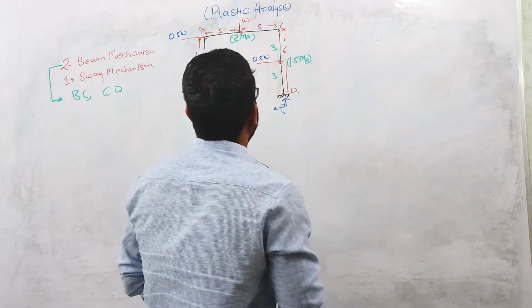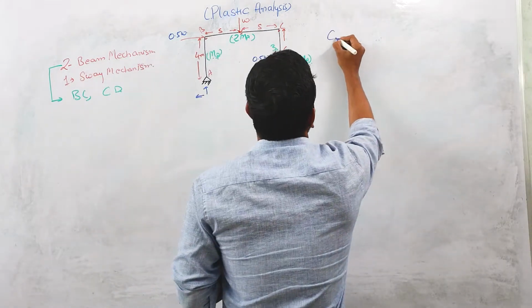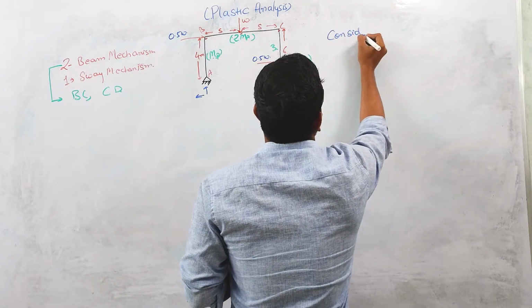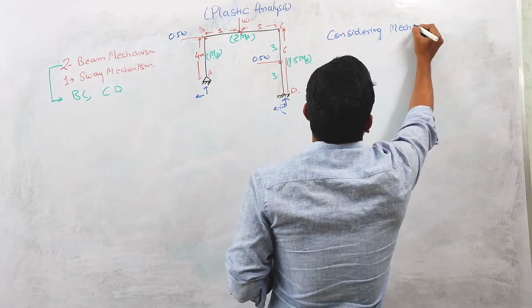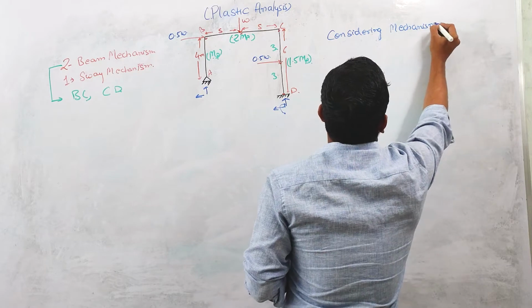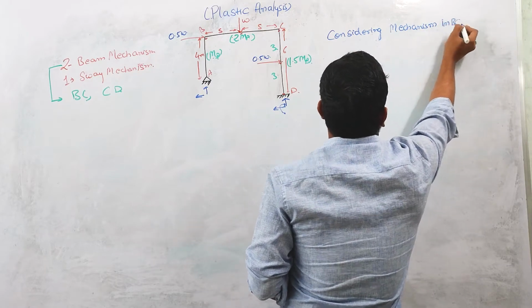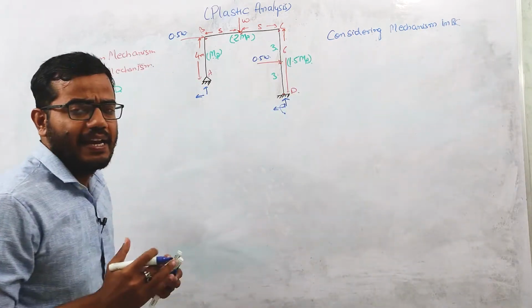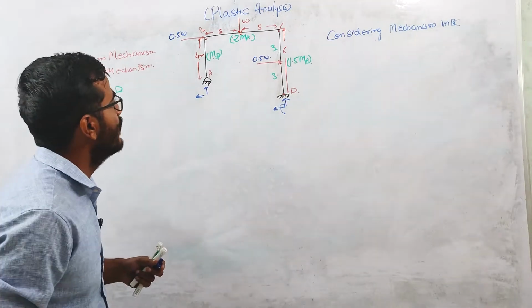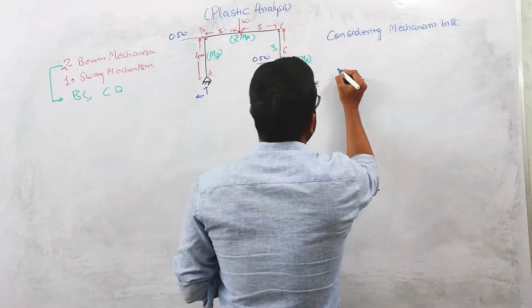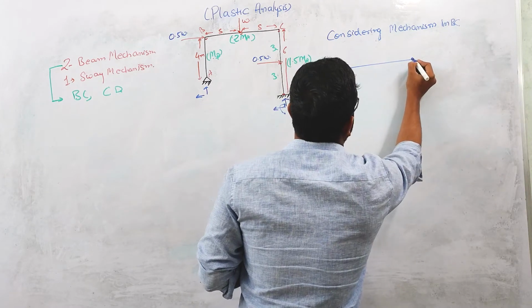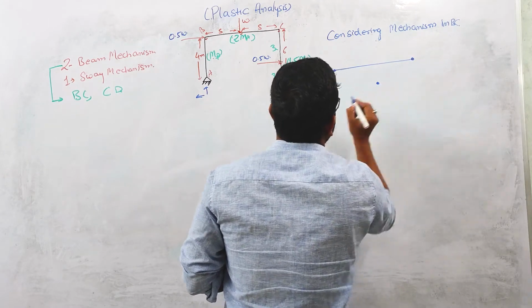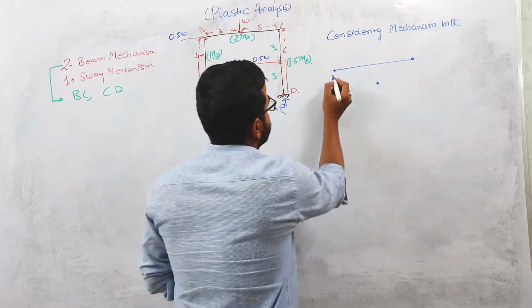Considering the mechanism in member BC, if the mechanism is taking place in BC, we will have 3 plastic hinges forming in this BC member. During collapse, it will deflect like this.